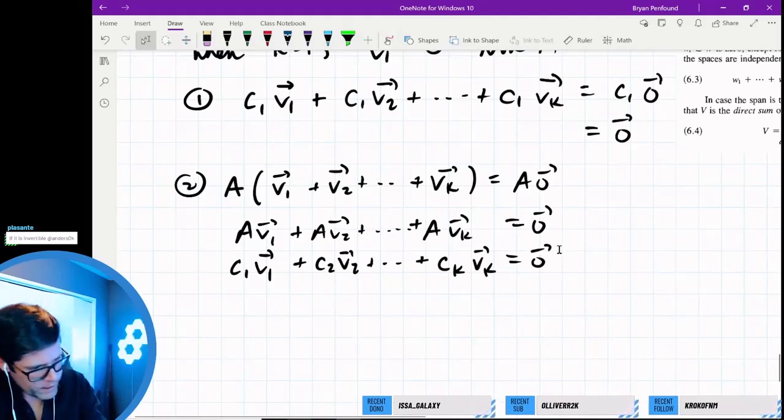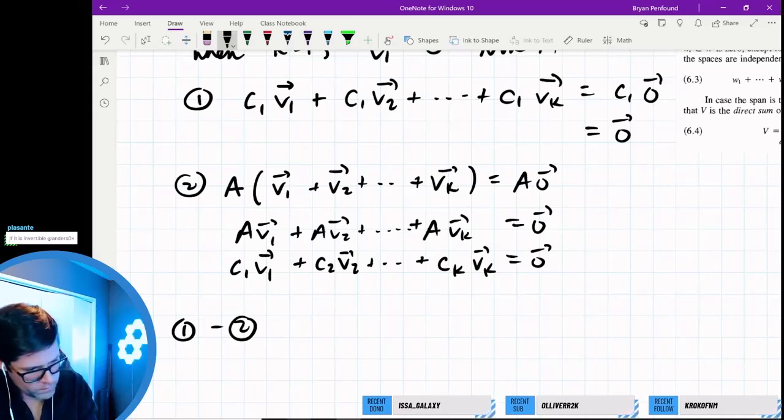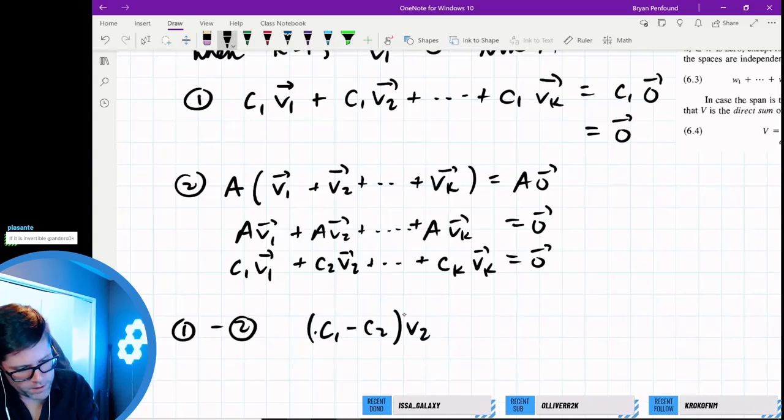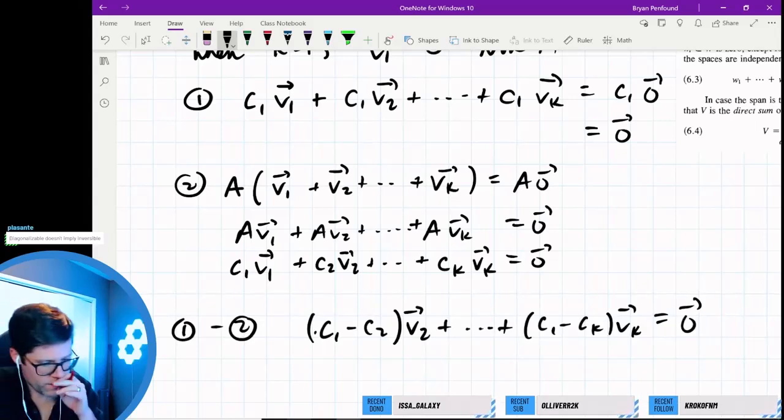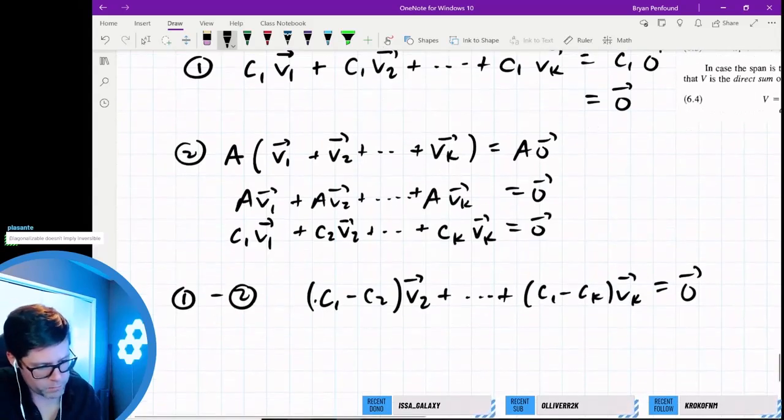All right, so let's go ahead and subtract 1 and 2 from each other. And we get the following. So we should get c1v1 minus c1v1, so that's just 0. And then we will get c1v2 minus c2v2, so we get (c1 minus c2)v2, and so on until we get to (c1 minus ck)vk. And then, of course, the subtraction of the 0 vectors here should give us the 0 vector as well.